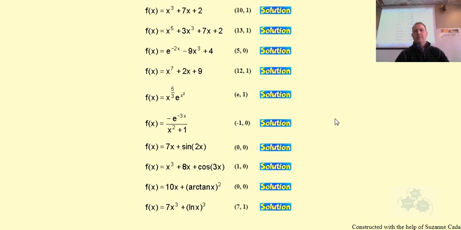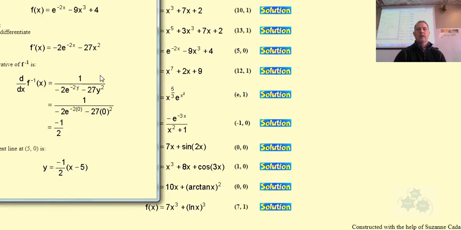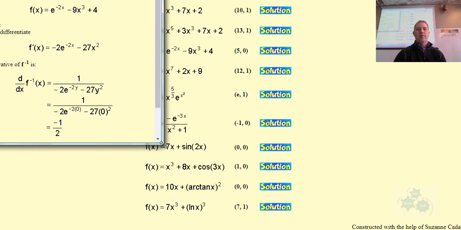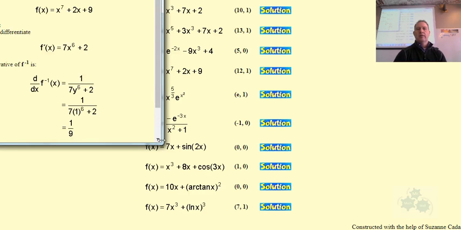So I'll just show you some solutions as I go. For question number 3, the solution would look like this. Again, I just asked you to find the value of the derivative. I think the original question asked you to find the equation of the tangent line, but that would be your answer there, -1/2 for this one. Over here would be 1/9 for number 4.